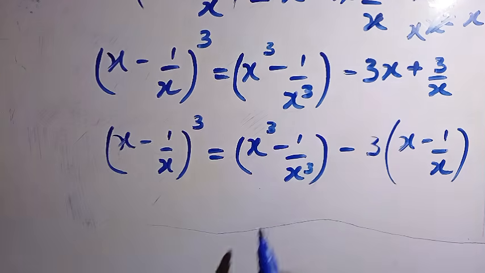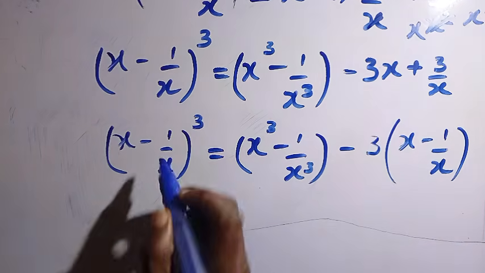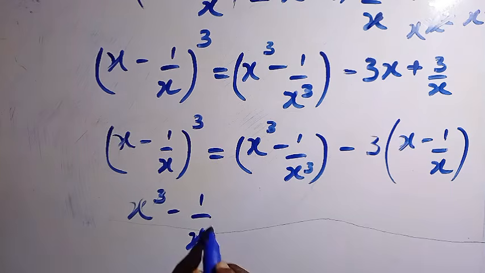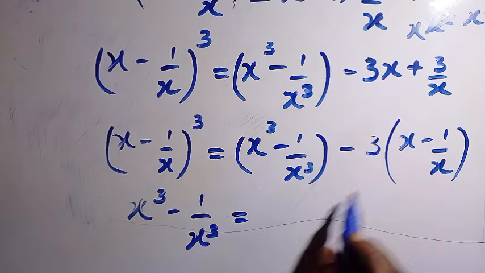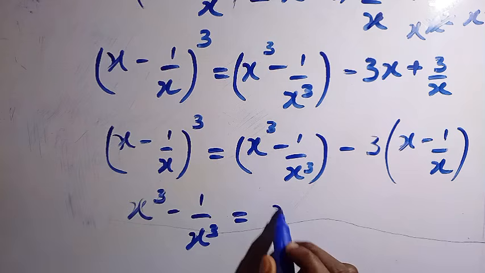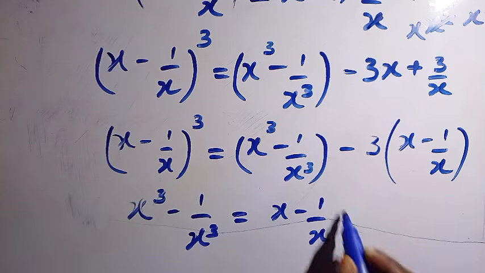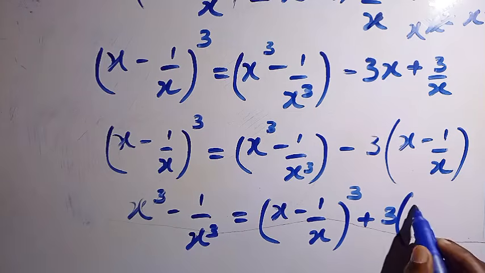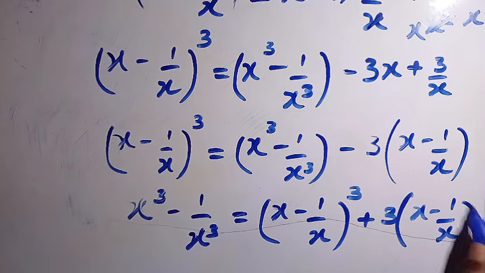And we have to recollect the like terms. So by collecting this one here, we have x cubed minus 1 over x cubed equal to x minus 1 over x, all raised to the power 3, plus 3 bracket x minus 1 over x.